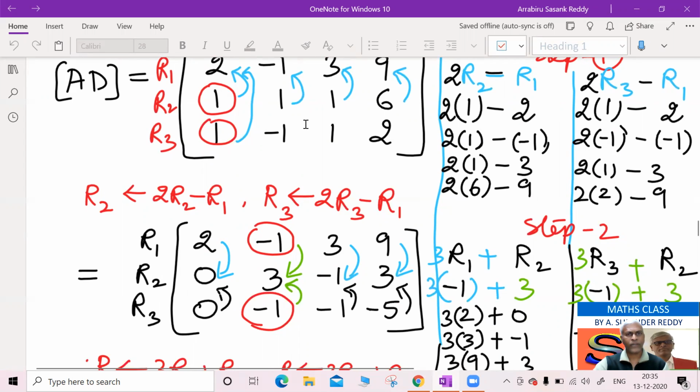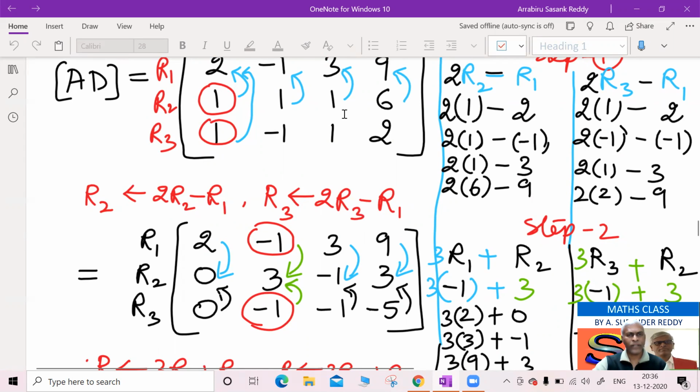And apply the same formula for the second elements, that is R2 is 1 and R1 is minus 1. Substituting in the formula 2R2 minus R1: 2 into 1, minus into minus plus 1, so 2 plus 1 becomes 3.